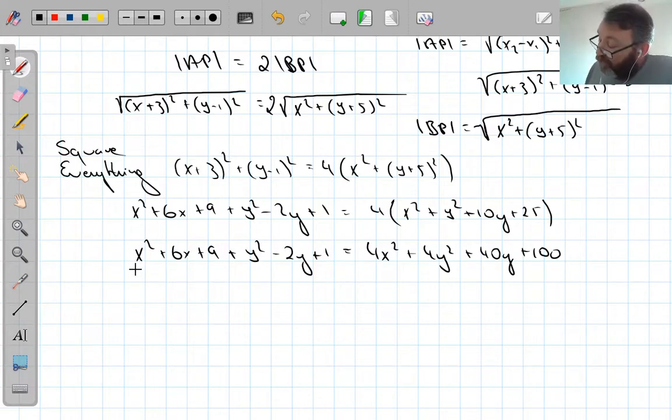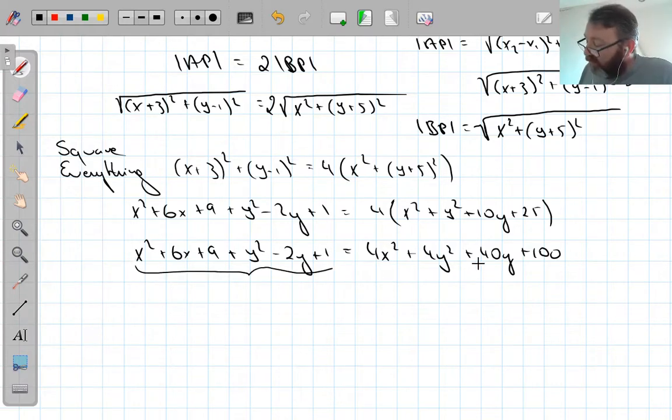So the first thing we've got to do now is bring everything to one side. You notice that the x squared, the y squared, the x, the y, and the 30, they're all together on the left-hand side. So we're going to bring them all to one side. Doesn't matter what side you bring them to. Because 4x squared and 4y squared are already on the right-hand side, I'm going to carry all of these over here, okay?